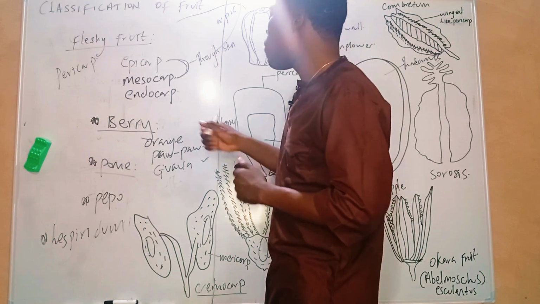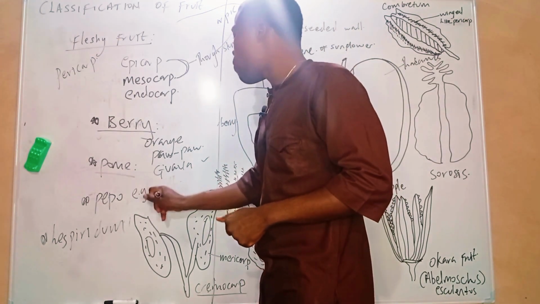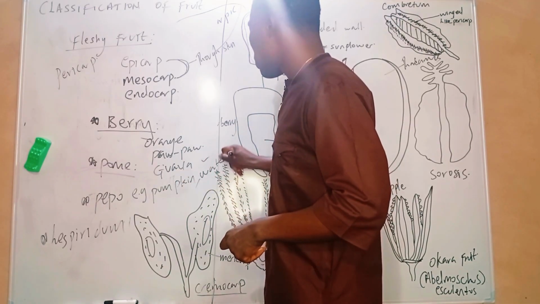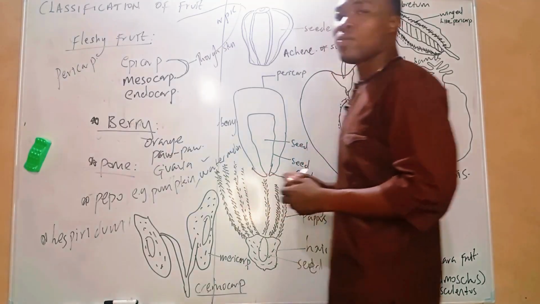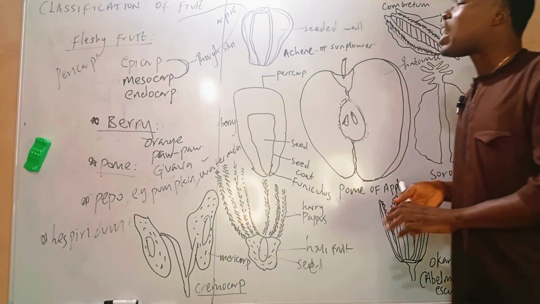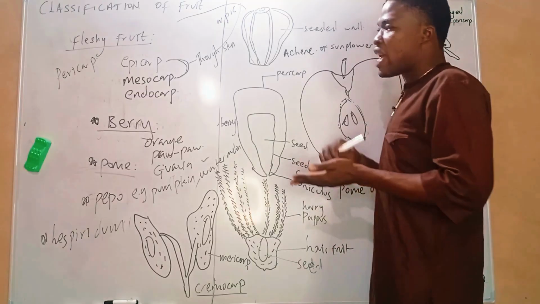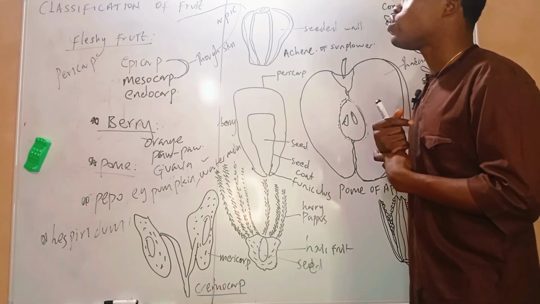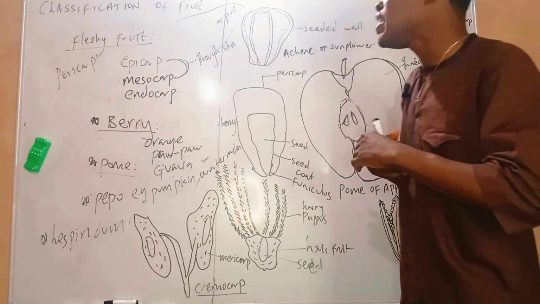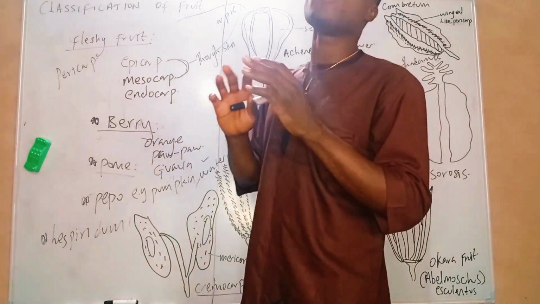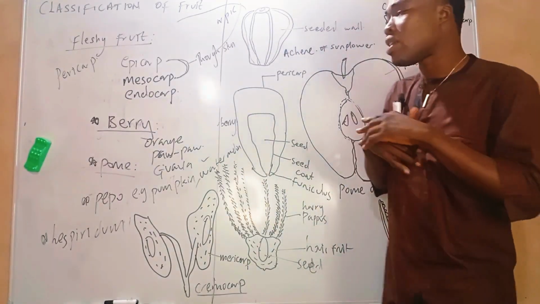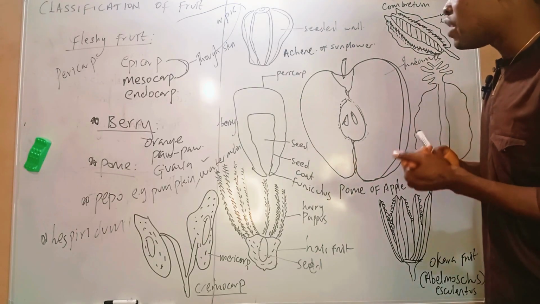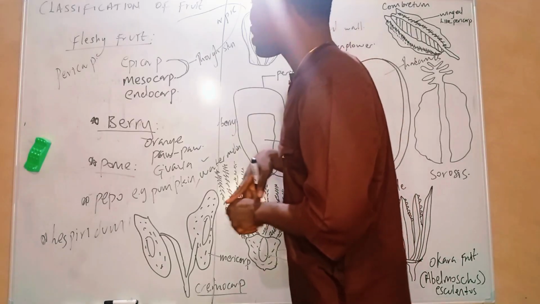This can be seen in pumpkin, watermelon, cucumber. Yes, these are examples of pepo. The epicarp and the mesocarp form a tough skin, and the endocarp is usually fleshy. Pepo are usually many-seeded, and there's one unique thing I've observed about them. They have parietal placentation, so the ovules or seeds are arranged parietally in the fruit.